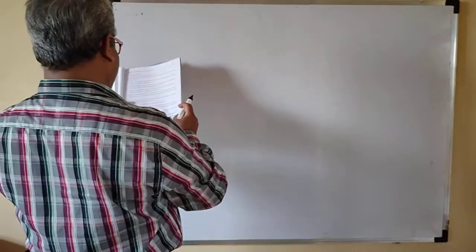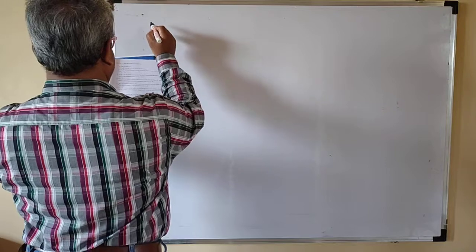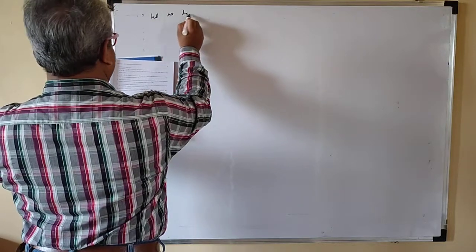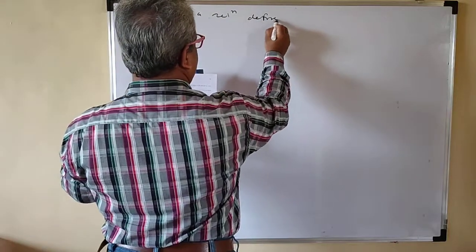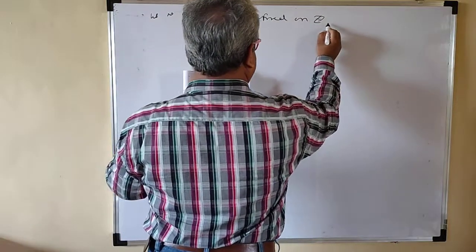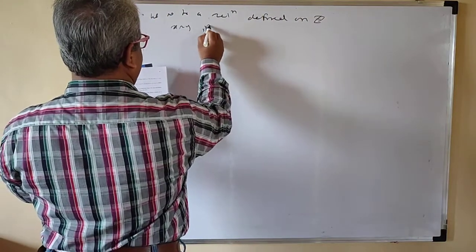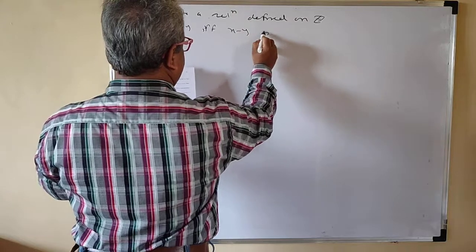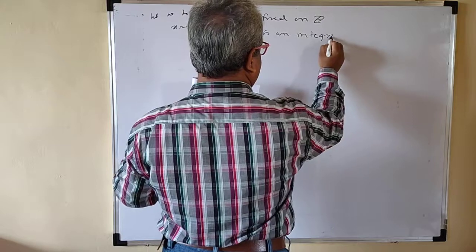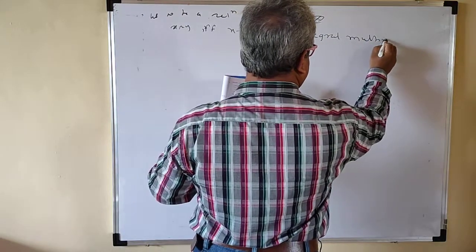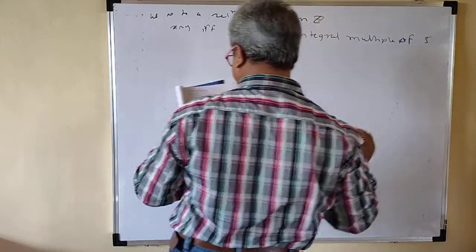So we'll take one more problem. Let theta be a relation defined on Z: x is related to y if and only if x minus y is an integral multiple of 5.